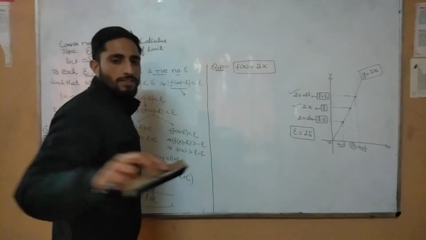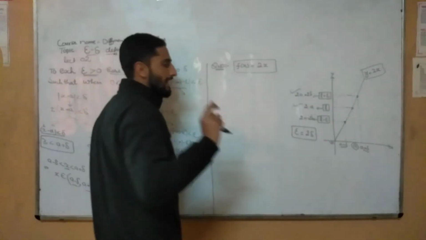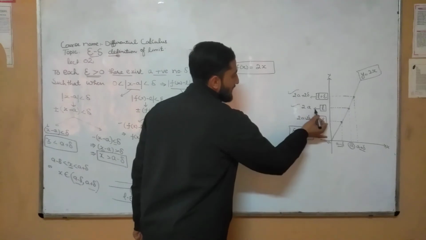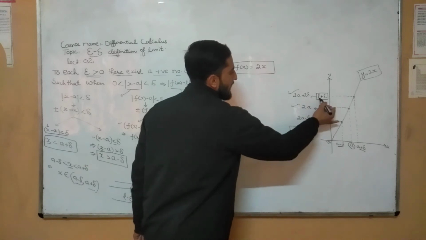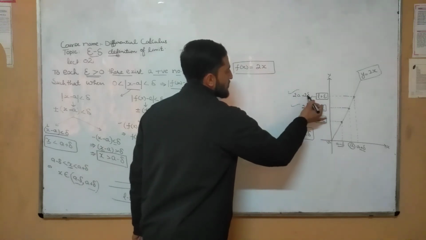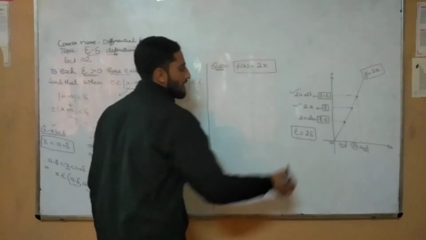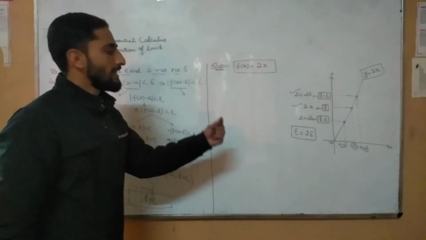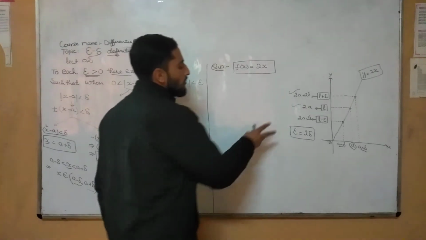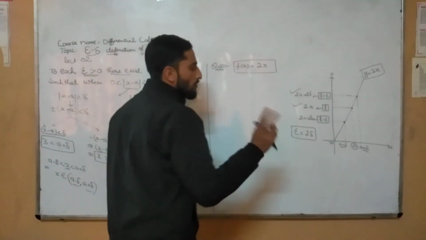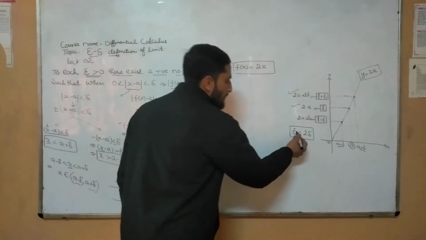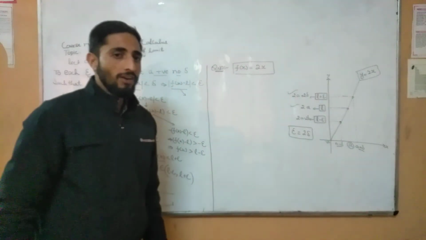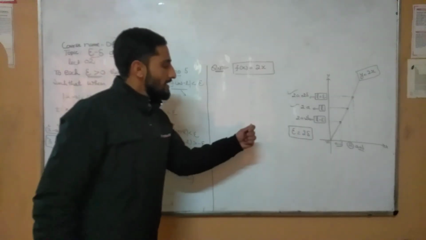Simply we get L is equal to twice of a, L plus epsilon is equal to twice of a plus twice of delta, L minus epsilon is equal to twice of a minus twice of delta. So when we compare these values, we get epsilon is equal to twice of delta. What is the meaning of epsilon is equal to twice of delta?